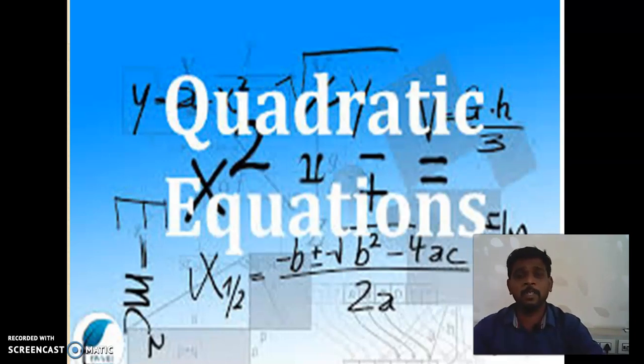In the last chapter we saw how to solve a pair of linear equations in two variables, but here we are going to see how to solve a quadratic equation in one variable. You already know what a quadratic equation is: an equation in which the highest power of the variable is 2. We call those equations quadratic equations.